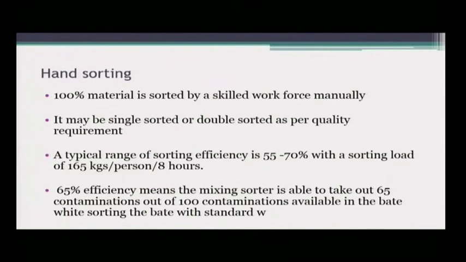It may be single sorted or double sorted as per quality requirements. So one group of people checks it, then another group of people again checks it. And they pick those colored fibers, threads, and separate them out. The typical range of sorting efficiency is 55 to 70%.